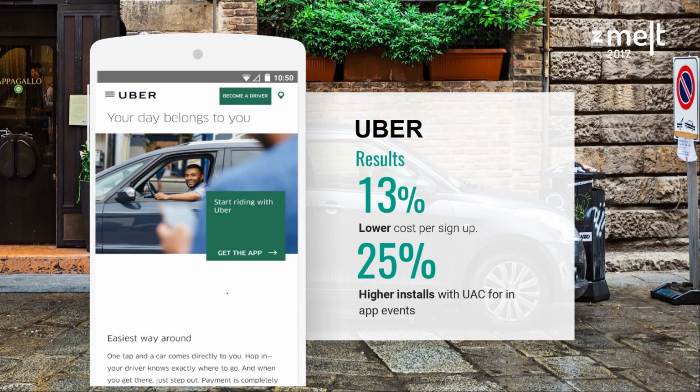Uber used what we called a universal app campaign. Now, I don't want to bore you with the terminology. Just know that universal app campaign is the newest offering from Google, which has a lot of smarts built into it already. What did Uber do? They used universal app campaigns and pushed what we call in-app events into their data.